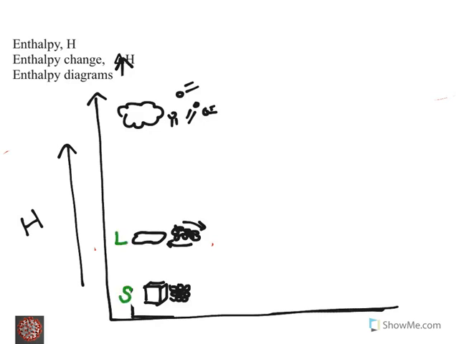Here we have solid, we have liquid, and we have gas. Anytime any solid is going to go to liquid, it's going to absorb energy. Therefore, that tells you that your delta H is going to be positive.